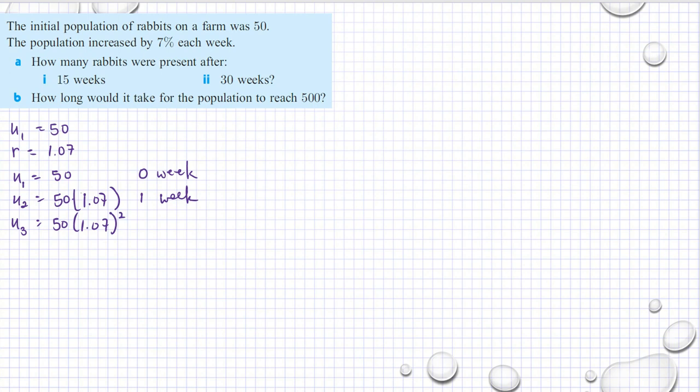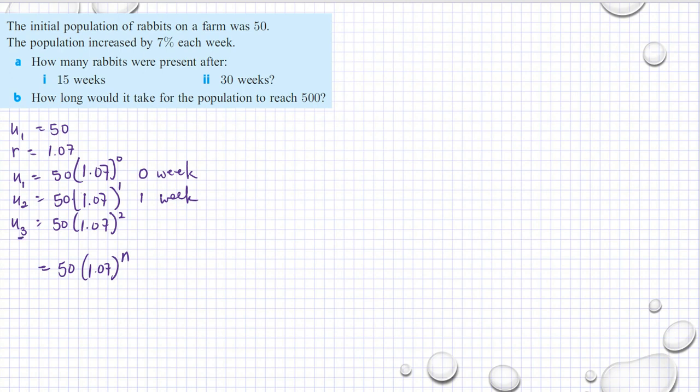As you can see here, this is actually 1.07 raised to 0. So if this is our n, 0, 1, 2, we can say that this is 50 multiplied by 1.07 raised to n.